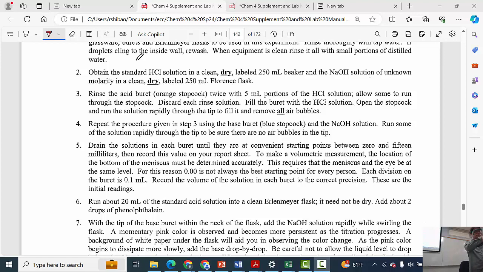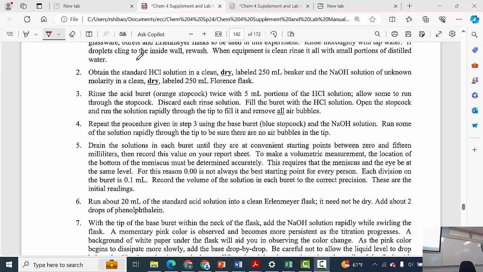All right, so now this burette's prepped. So I do the same thing for the acid burette. I rinse with DI water, and then I rinse out the water using, or sacrificing, some of my standard acid solution. The standard acid solution is in the beaker, so I probably could get by without the funnel because the beaker has a little spout here. But I'll go ahead and use the funnel.